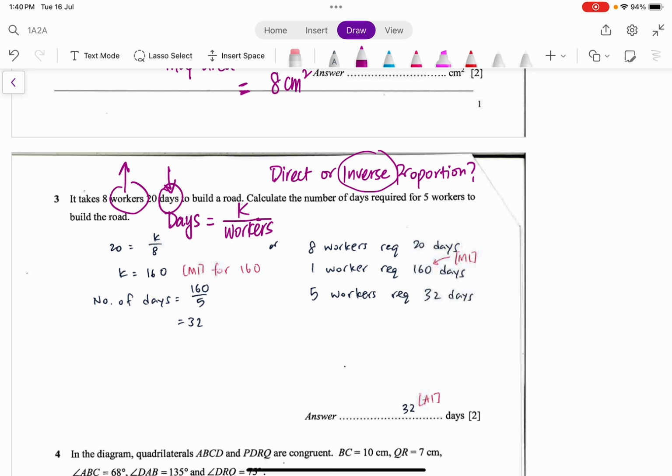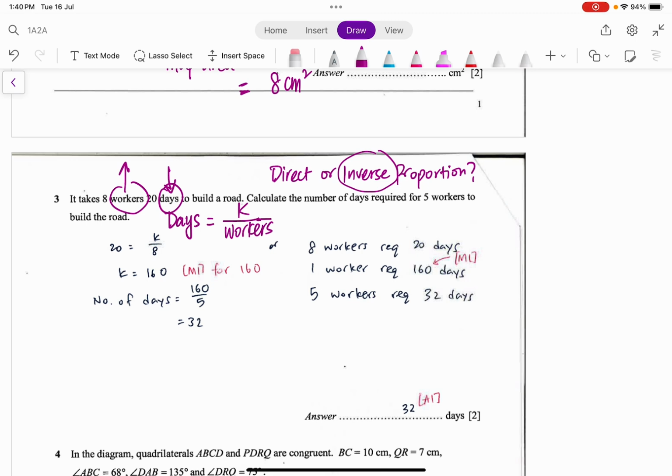So number of days needed is K divided by the workers, because inversely proportional. So K over workers, with the number of workers in the denominator. So 20 days for 8 workers, 20 equals K over 8. K is 160. That's how they use the inversely proportional to find the answer.